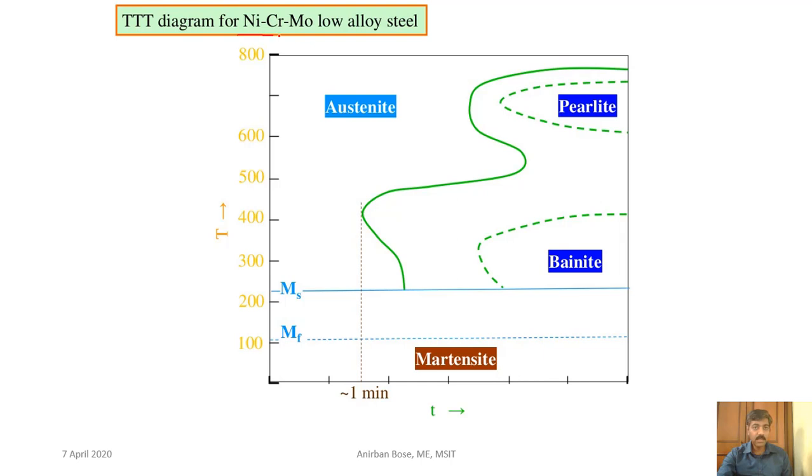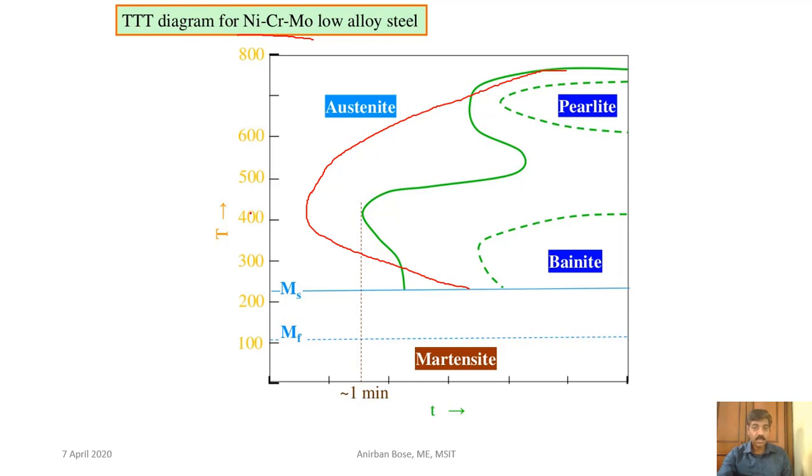So when alloying elements like nickel, chromium, molybdenum are added with steel, then you will find that they are not what you have observed probably in case of a plain carbon steel like this. Now you can see separate C curves for the bainite transformation and pearlite transformation, whereas in case of a plain carbon steel these two C curves actually merged, and we have not identified these two different transformation curves separately in case of plain carbon steel. This is the last point that we discussed in the last slide.